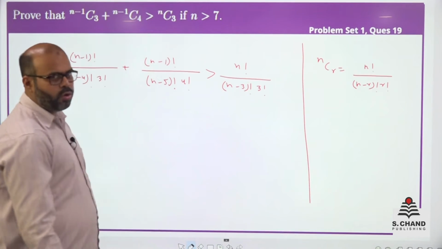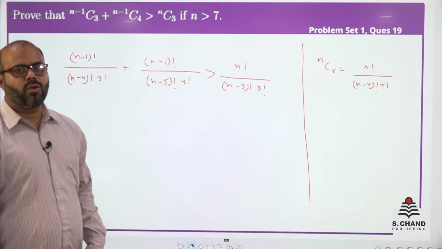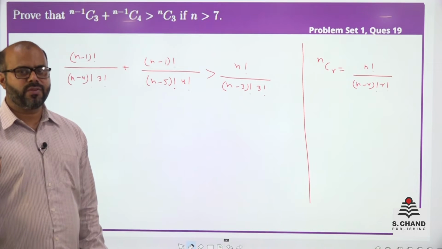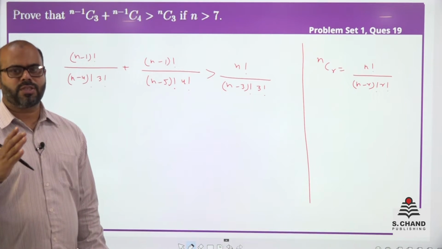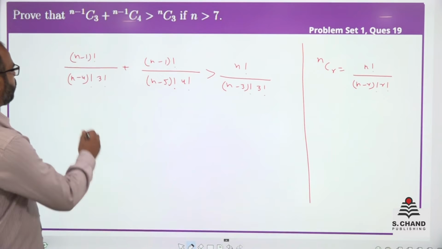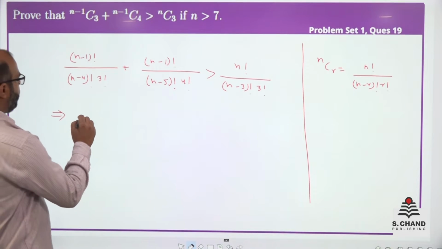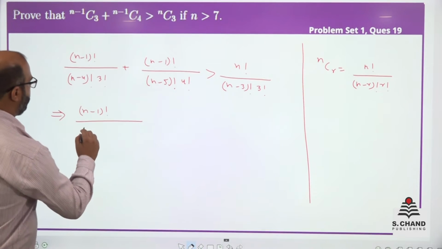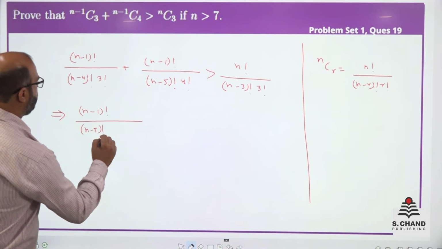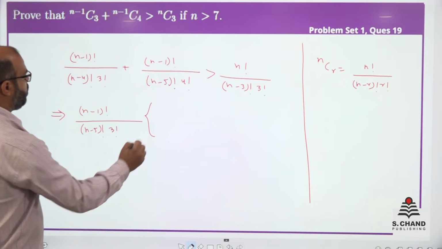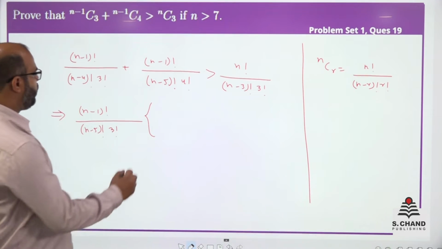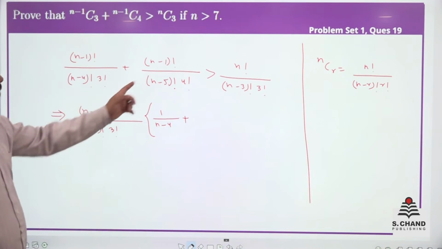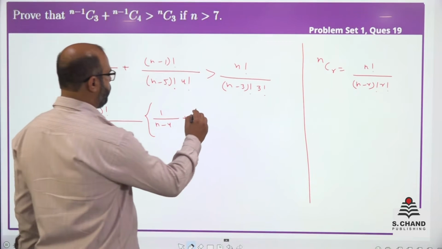Now n factorial is not going to be 0. Factorial of a whole number is not 0. For 0 it is 1, for 1 it is 1, for 2 onwards we know it is the multiplication of natural numbers from 1 to n. So n factorial is not 0. So we can cancel; let us first take common n minus 1 factorial, n minus 5 factorial and 3 factorial. What remains inside is 1 by n minus 4 plus 1 by 4.